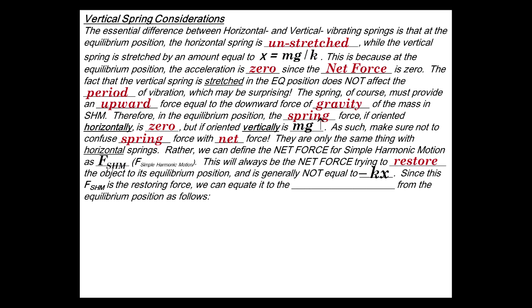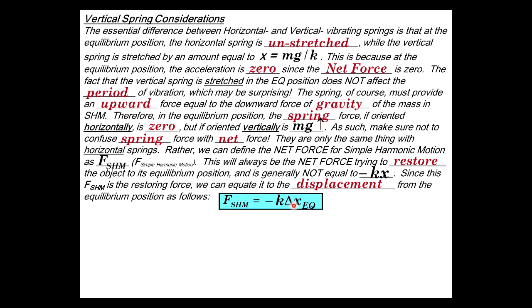So the SHM force is the restoring force. We can equate it to the displacement from the equilibrium as follows. Basically, at the equilibrium, there is no F_SHM force. But if you displace it from that position, then there is. So the simple harmonic motion force is minus k delta x equilibrium.